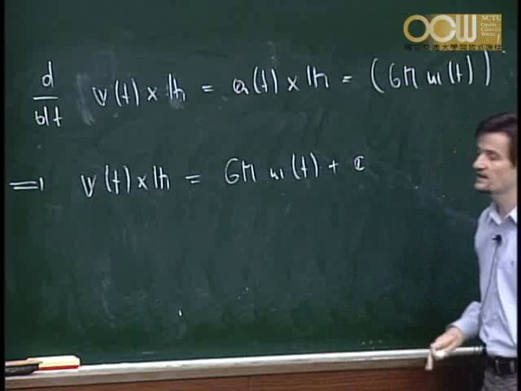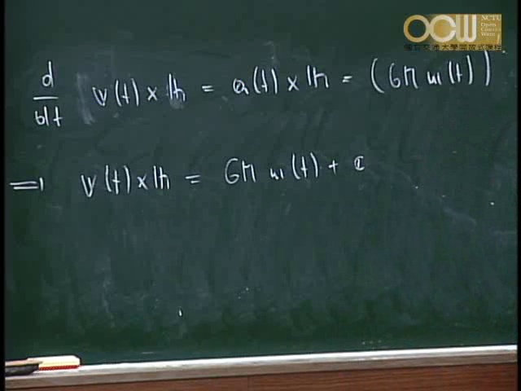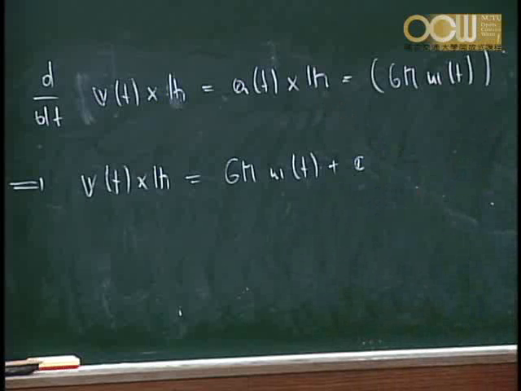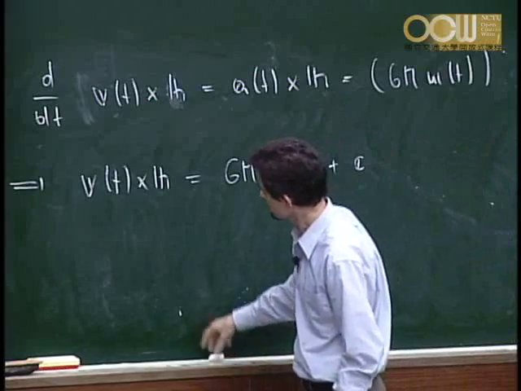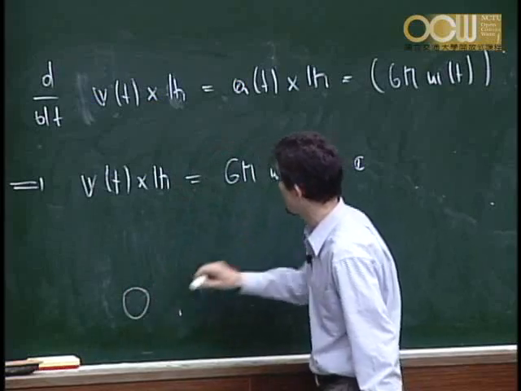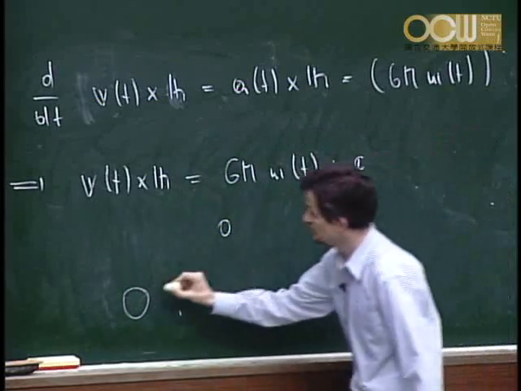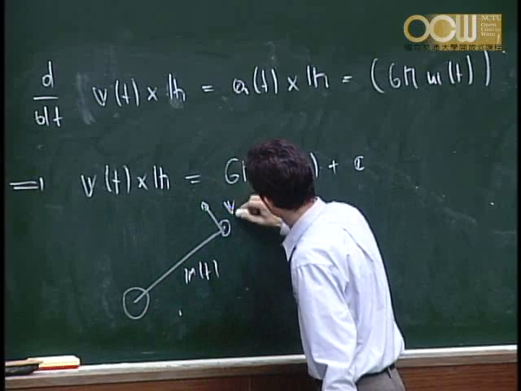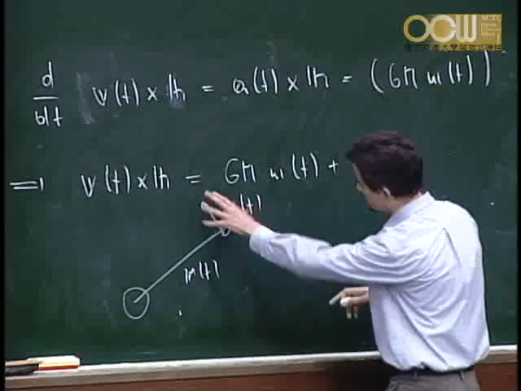Okay, and now I finally can, because I have just said that the sun is at the origin of the coordinate system. I haven't said how to choose the x-axis, the y-axis, and the z-axis. The z-axis I will choose in the direction of h. And the x-axis I will choose as follows. If we once more look at this, this is the sun and this is the earth. So the vector r of t is here. The vector v of t, not necessarily orthogonal, is here.